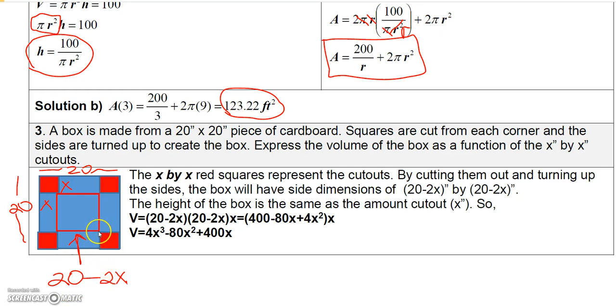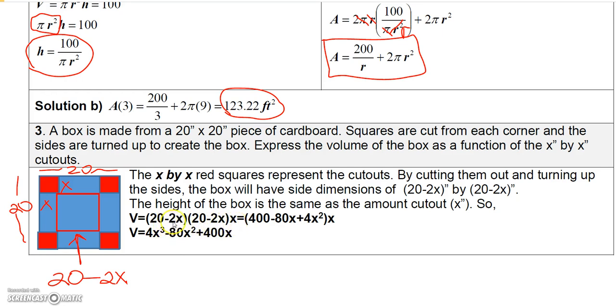And also, when I fold up these sides, the height is going to be x, because this dimension here is x. So when I fold up the sides, the height is going to be x. So therefore, the volume of the box would just be the product of the sides, 20 minus 2x times 20 minus 2x, times the height of the box, which is x.